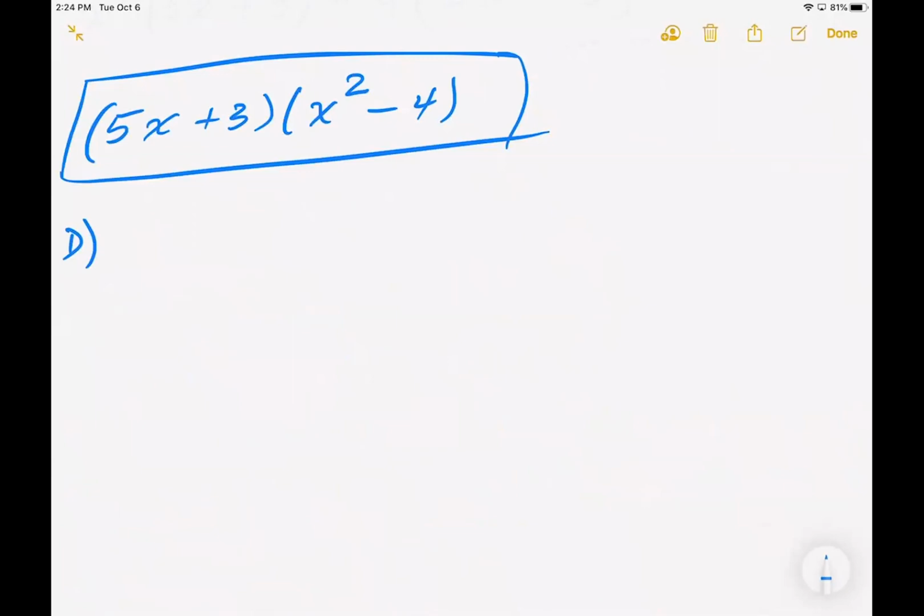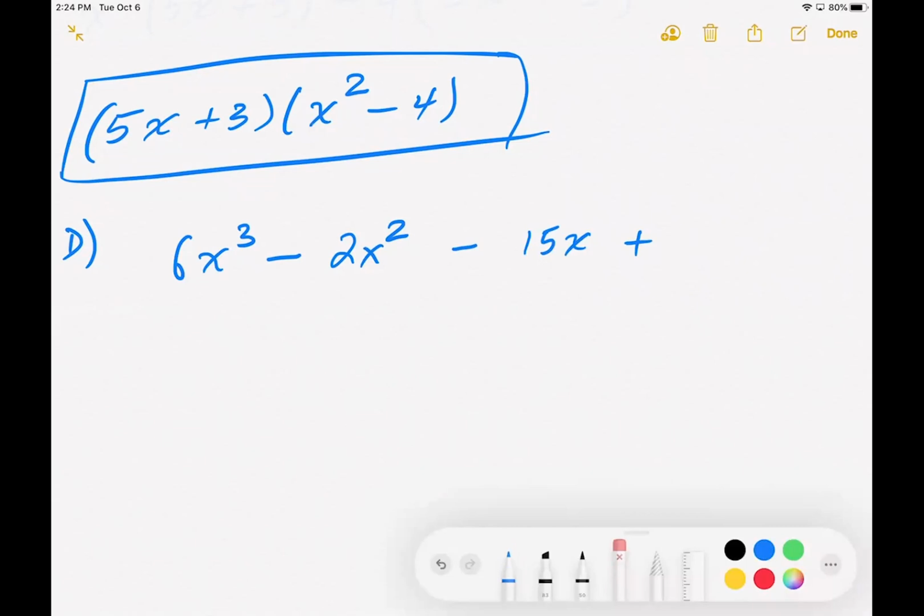Let's say I do 6x to the third minus 2x squared minus 15x plus 5. So 6x to the third minus 2x squared minus 15x plus 5.